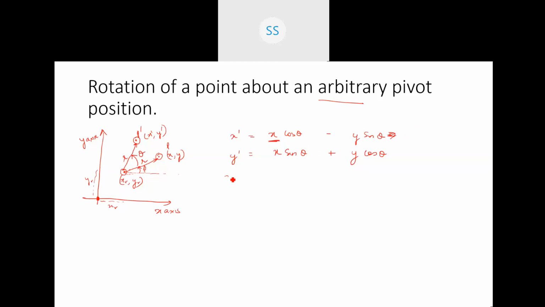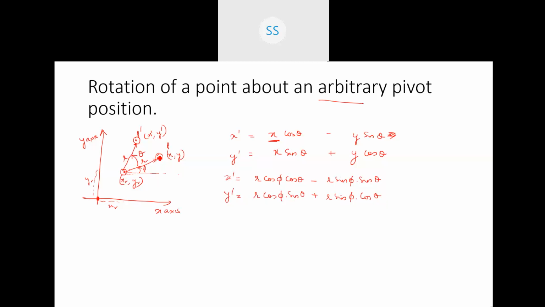So I can write x dash as r cos phi cos theta minus, and what was y? y was r sin phi into sin theta. Again, I can write my y dash also: y dash is equal to r cos phi into sin theta plus r sin phi dot cos theta. So this we had.